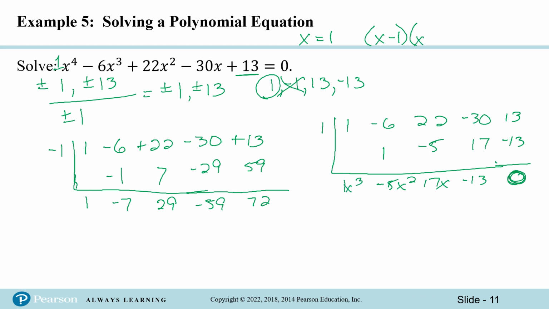That's not a small enough degree yet where I can use quadratic techniques to solve it. So what I'm going to do is repeat the process now with this polynomial. First thing we're going to do is go to the next slide so I have some room to work.